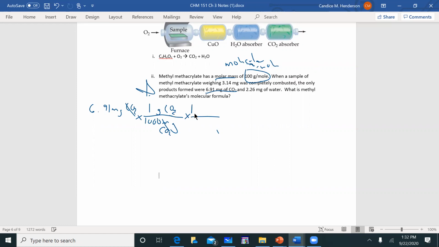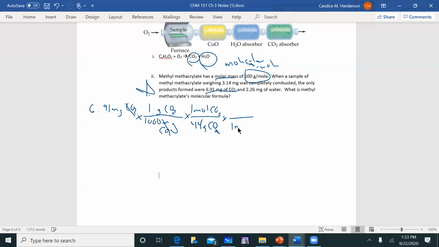So I know that 1 mole of CO2 is equal to 44 grams of CO2. That's just the molar mass of CO2. When you're doing these combustion problems, it's always going to be CO2 and H2O here. So now I need to do, not really a magic trick, but I want to go from this into something else.